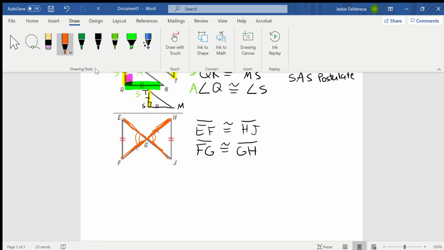And they're making this X mark, so they look like they are vertical angles, which, yeah, they are vertical angles. What we know about vertical angles is they're congruent. So E, G, F is congruent with H, G, J. All right? So it looks like we have a side, we have another side, and then we have an angle.